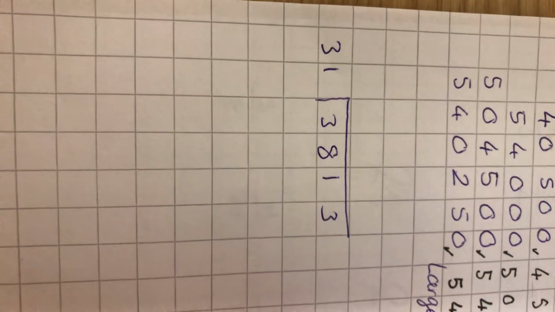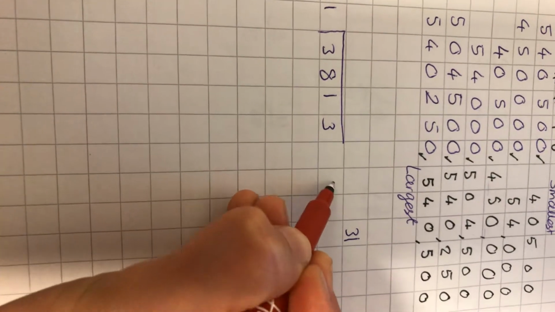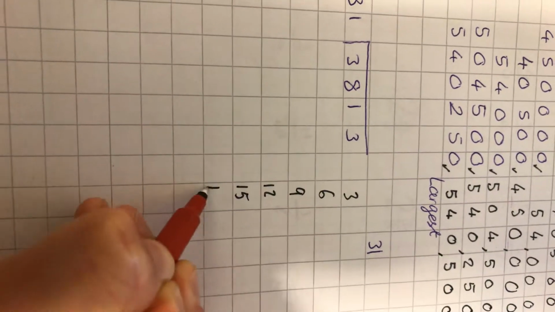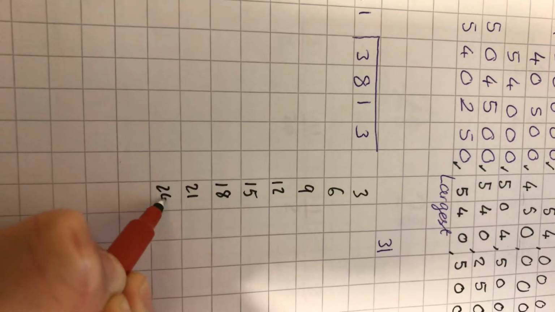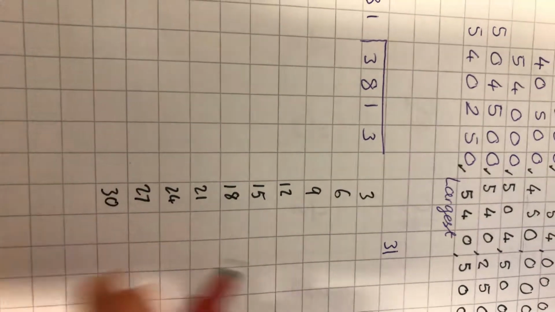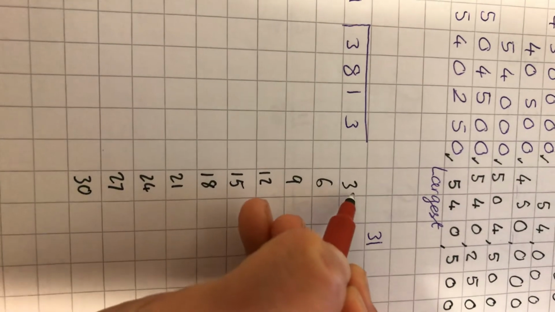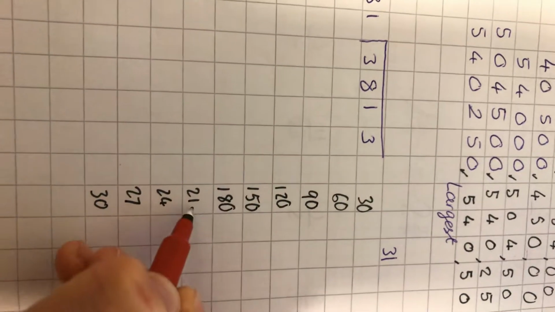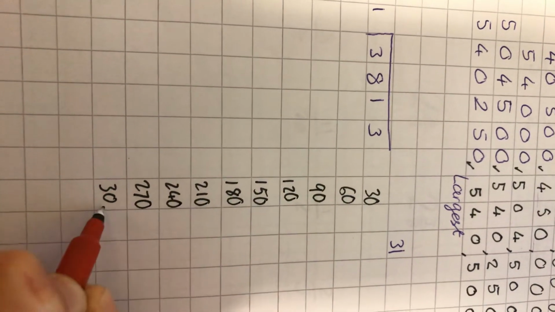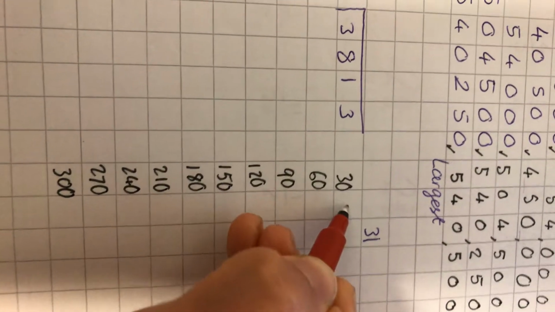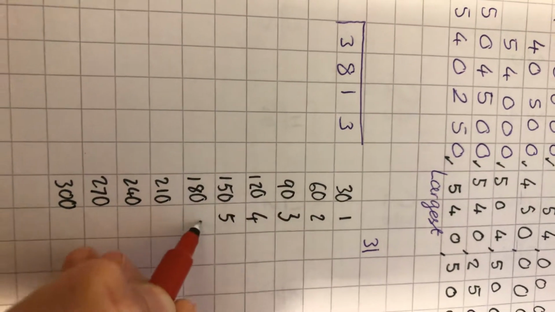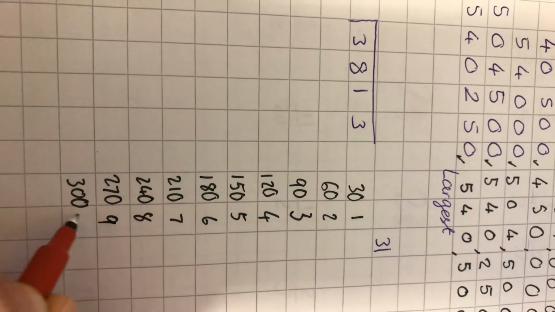Okay, on here, right, we're dividing by 31, so I'm going to generate my known facts with the 3 times table. 3, 6, 9, 12, 15, 18, 21, 24, 27, 30, and turn it into the 30 times table by making it 10 times more. There we go. Then, the 1 times table, that won't be too challenging. 1, 2, 3, 4, 5, 6, 7, 8, 9, 10.